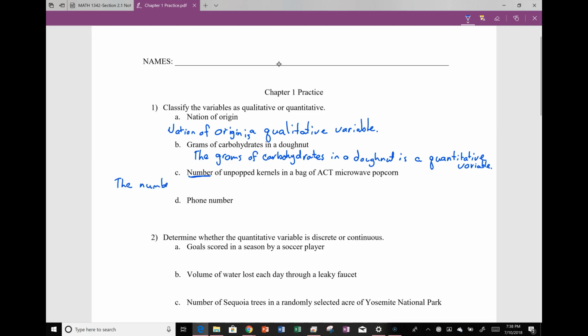The number of unpopped kernels in a bag of ACT microwave popcorn is a quantitative variable.